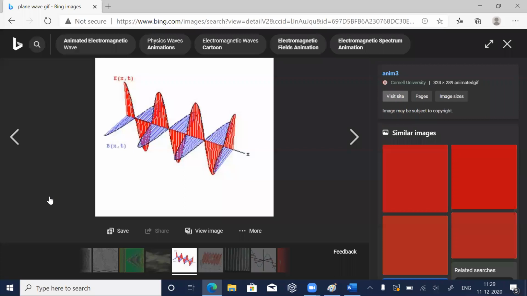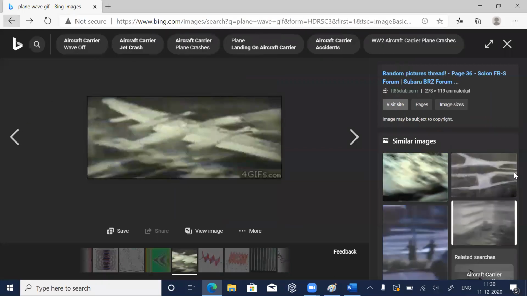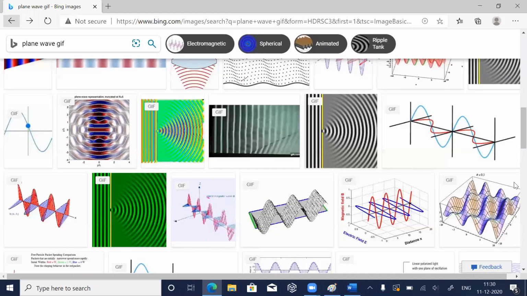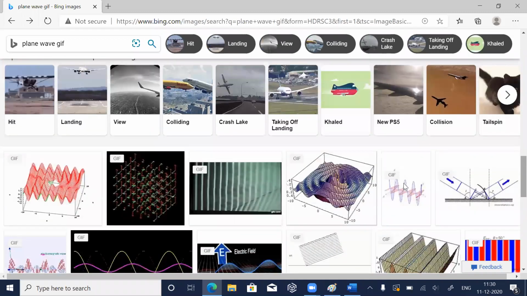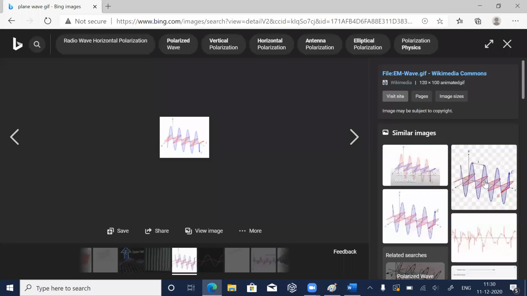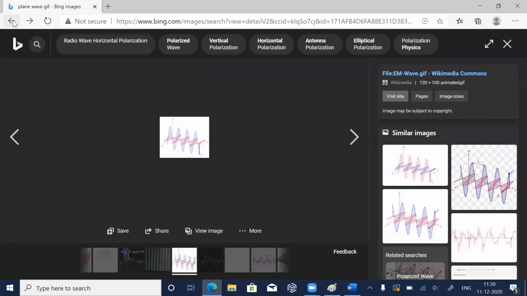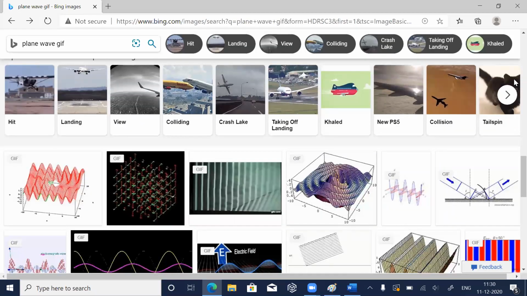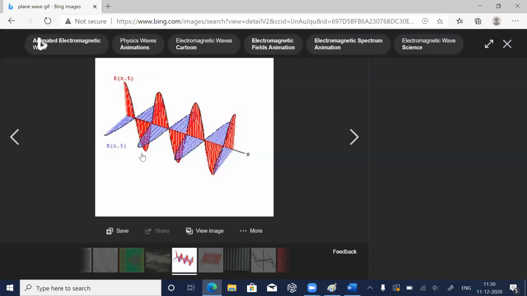Is 0.01 greater than 0.005 or less than? If it is greater, then with this time limit, how can it plot one period? The minimum required is 0.01. This is too small. It is not possible. You can see only half. That's why the red plot comes only half, not one period.